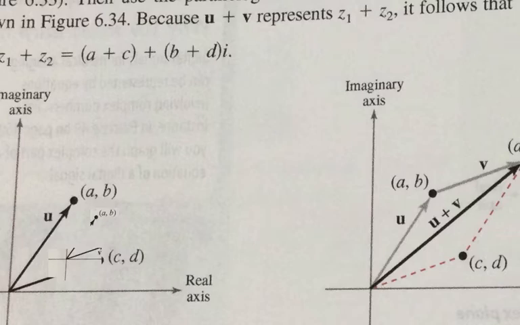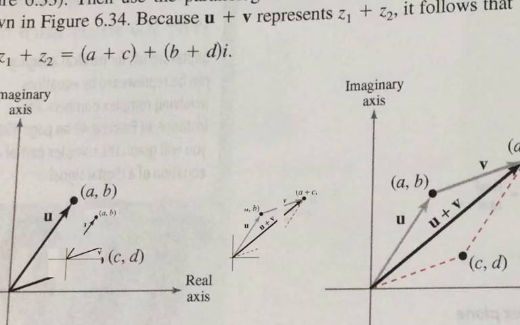What they do is they move vector v to put its initial point on the terminal point for u. We're basically sliding vector v up so that it begins where u ends. And you see how you have vector u and vector v, and that gives u plus v. That's what we're doing when we add vectors geometrically.